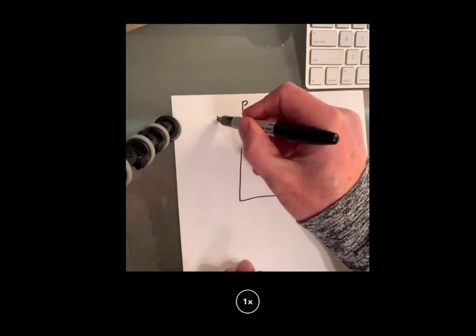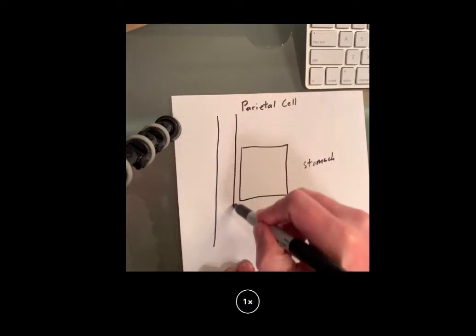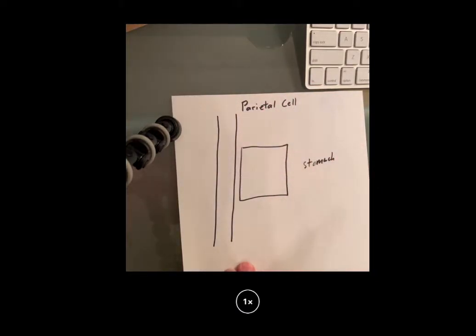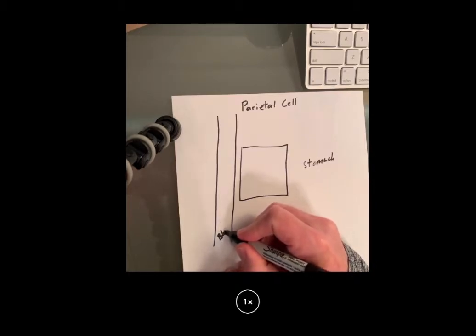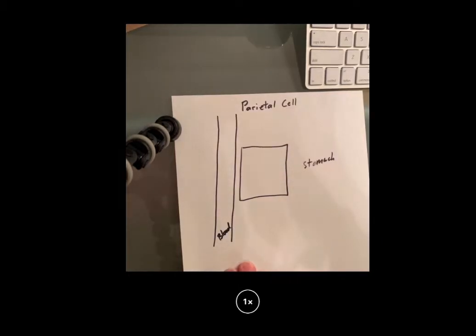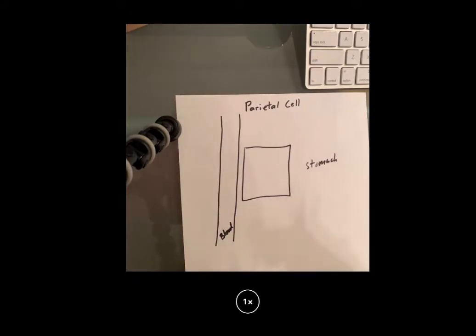And over here, we're going to put the bloodstream. So this is blood. So you are out running around, you're moving, and with cellular respiration, you start breaking down your glucose through cellular respiration, and you produce CO2.